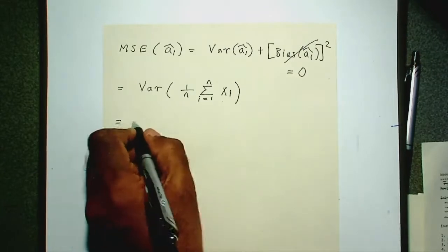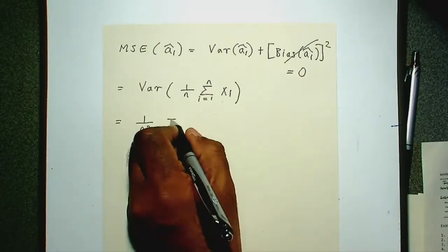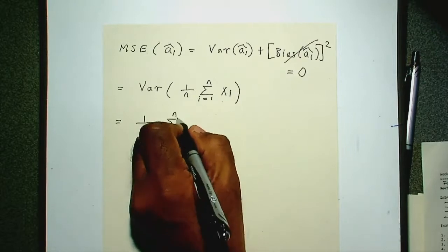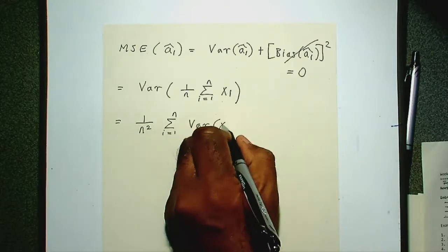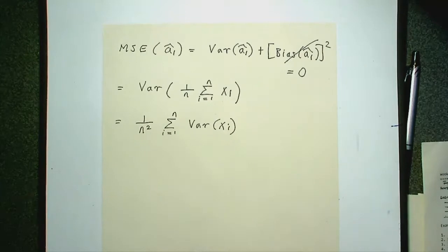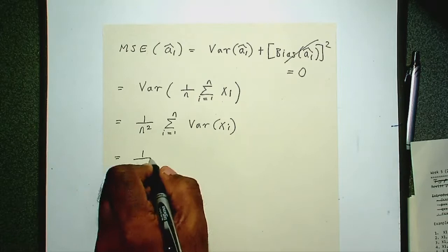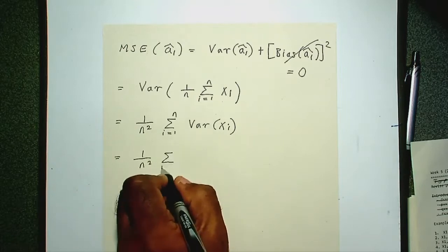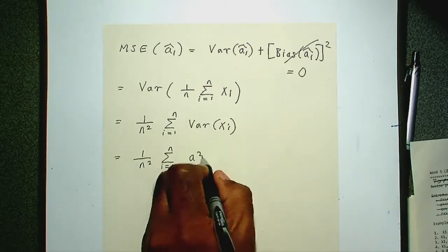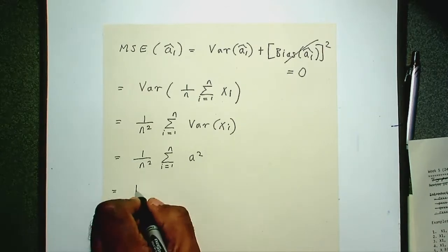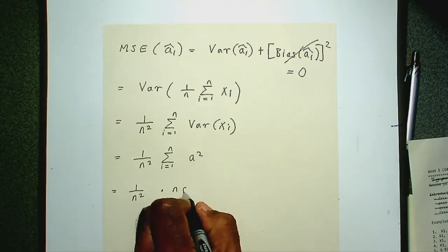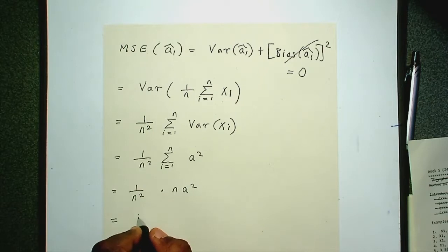You get 1 over n squared times the sum of the variance of xi. Now let me ask you, what's the variance of an exponential? You can check this on the sheet. A squared, yeah. So this would be 1 over n squared times the sum of A squared, which is 1 over n squared times nA squared, which is A squared divided by n.